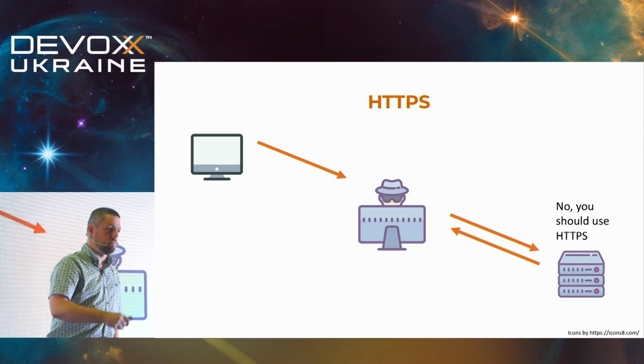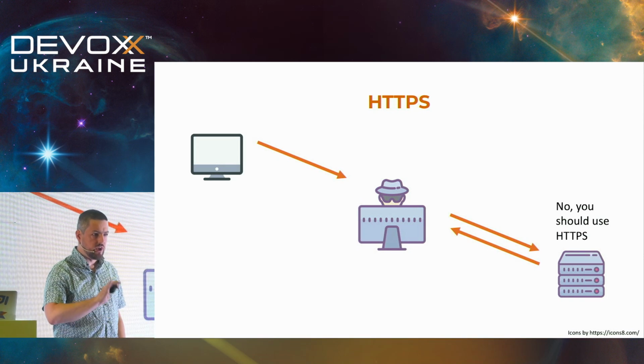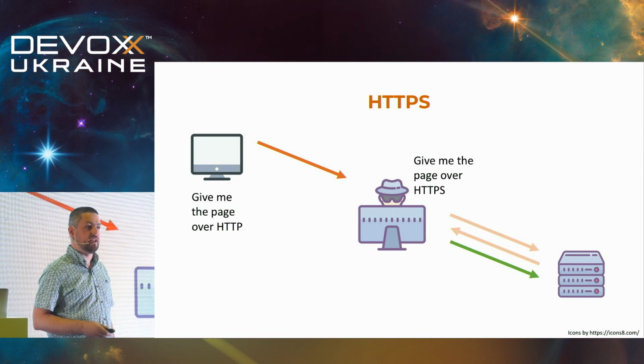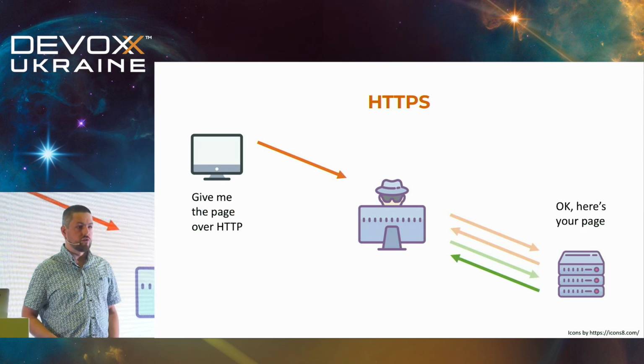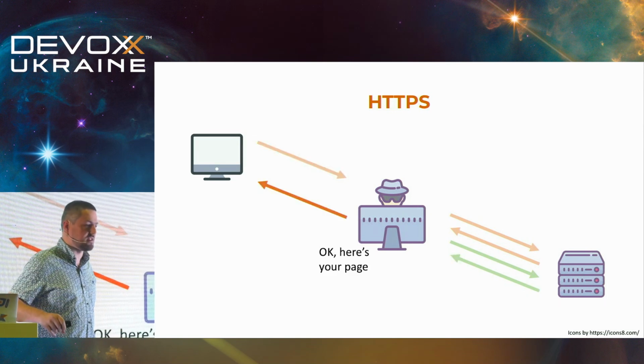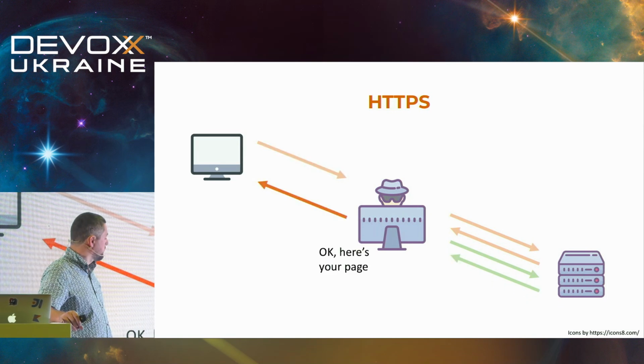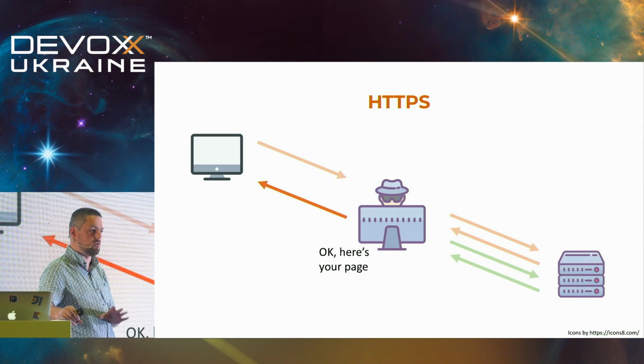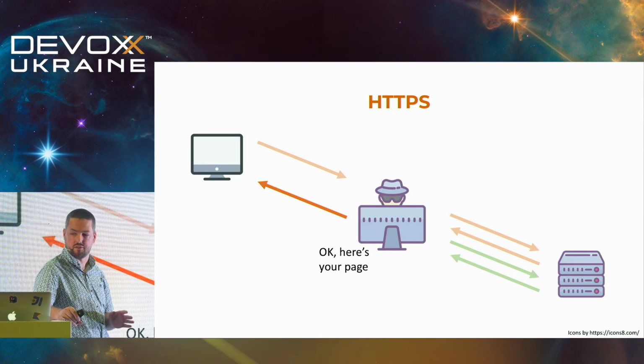The server says, no, HTTPS. I want to be secure. You should use HTTPS. So the man in the middle gets the HTTPS page. The server returns the page. And then what happens? The attacker basically returns your page over HTTP. The server thinks you're on a secure connection, but basically you're not.